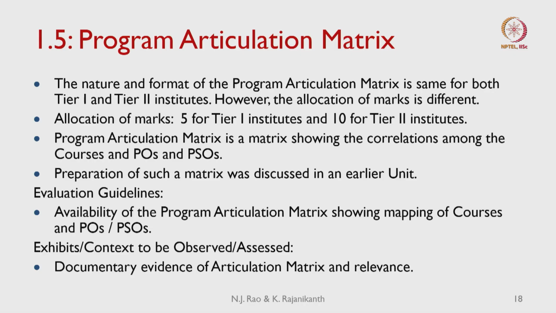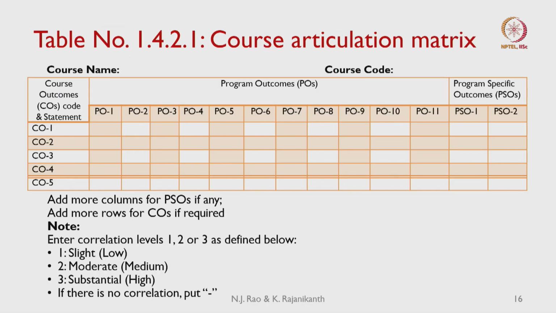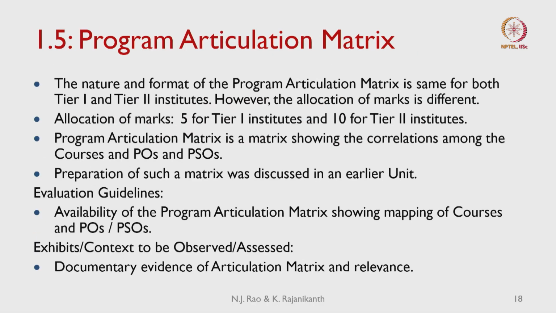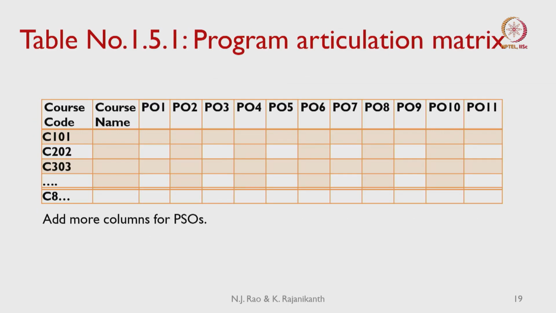And notice that in the course articulation matrix, all the course outcomes are listed, and their mapping to POs is done. But all these course outcomes are condensed into one single row for a course in the program articulation matrix.